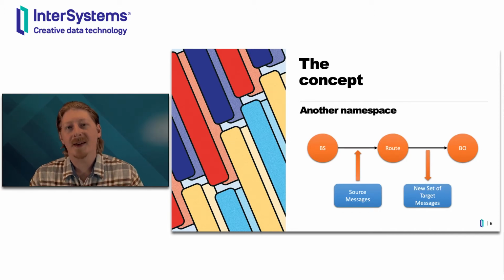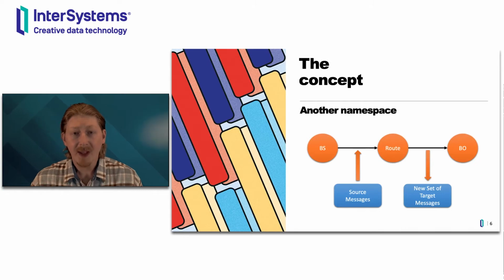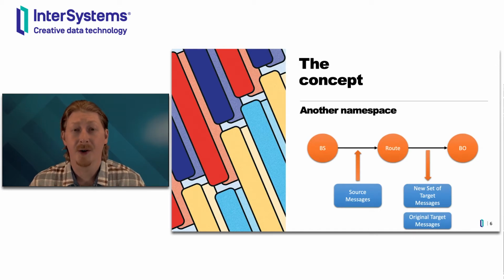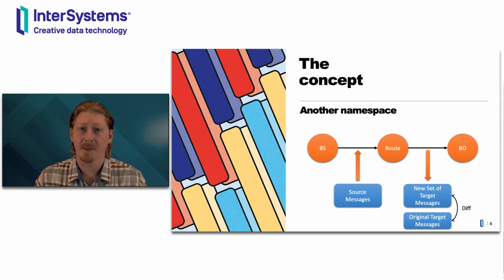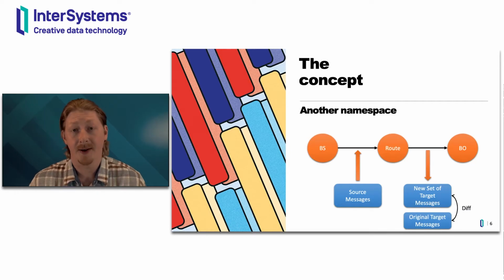So now we're getting a new set of target messages, and guess what? We still have the baseline of our target messages, what we are about to expect. And now we can take these two bundles and diff them and tell you exactly what's different, if anything, right?